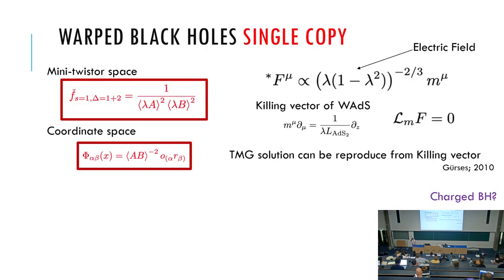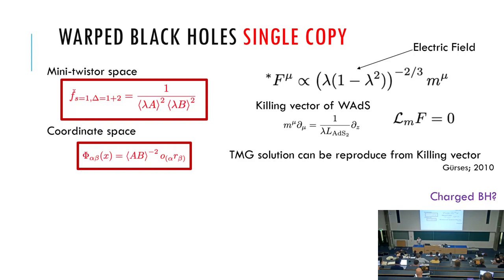You can construct it as a double copy of a gauge theory, and this is the equivalent in the gauge theory. Your gauge theory will have in mini-twistor space a representative that looks like this, and in coordinate space something very similar, and it corresponds to a field strength that is in the same direction as the Killing vector of your warped AdS. So it's basically just an electric field in the direction of the squashing.